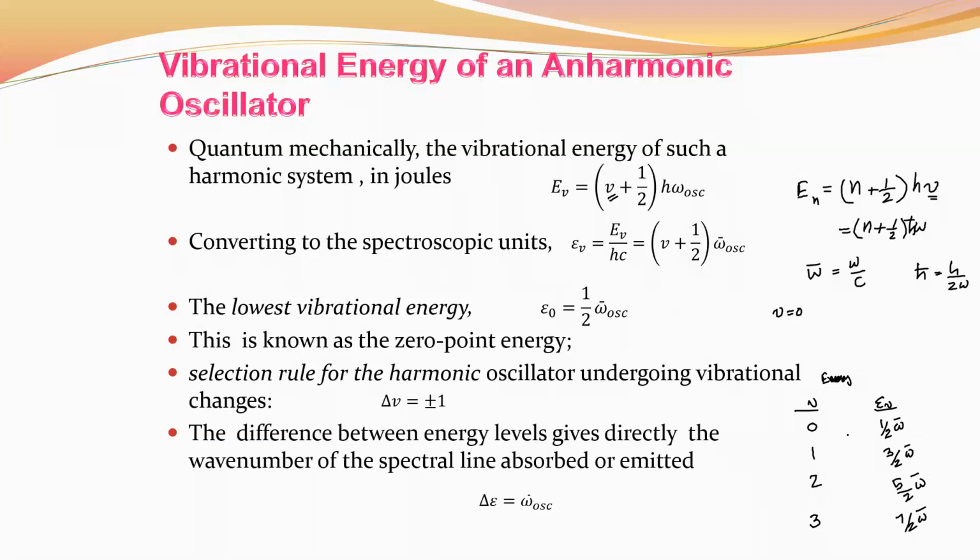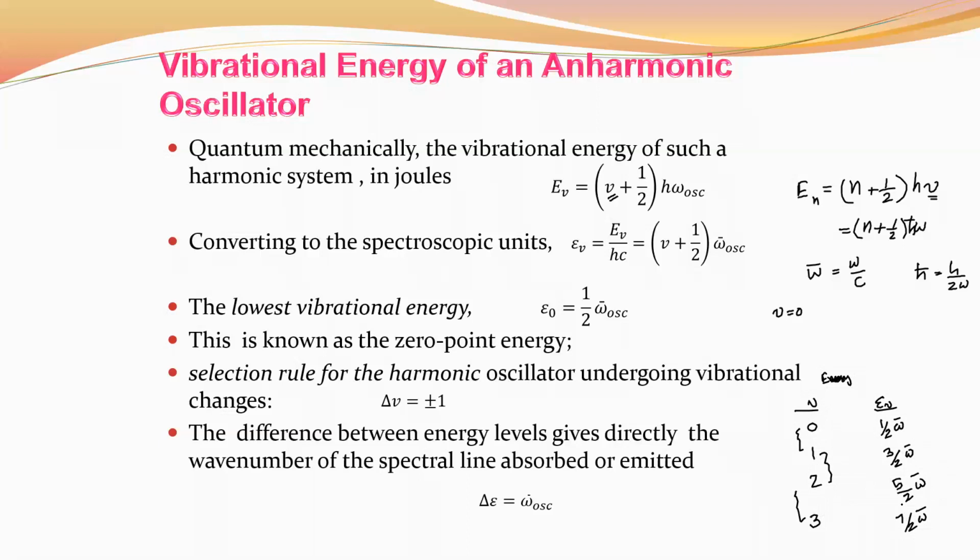Then we know that the transition is taking place when there is a difference of 1 in the value of quantum number v. Then the transition is possible between levels 1 and 0, 1 and 2, and 2 and 3. Look here. If the transition is taking place between 2 and 3, what will be the difference?